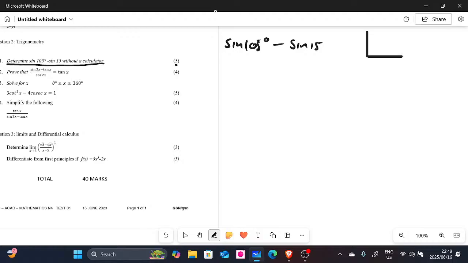We have this one here of 30 and 60, so we write 60 here and 30 here. This is supposed to be 2, that is supposed to be 1, and that is root 3. This is one of the triangles because they contain special angles and they will help you not to use a calculator.